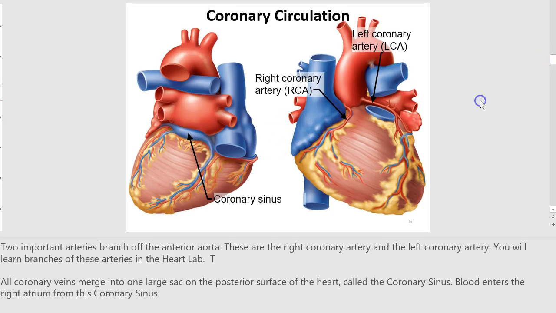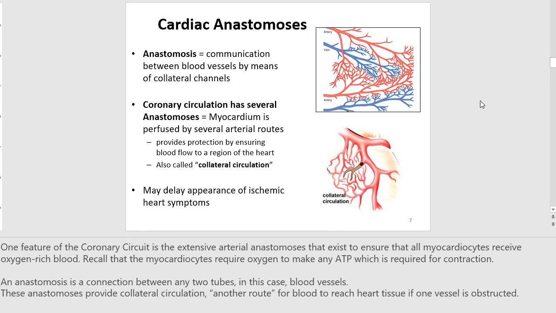So that's coronary circulation. It's not that different than systemic. What is different is the number of capillary beds and arterioles that supply one region of the heart. These connections between blood vessels are called anastomoses. So these are arterial anastomoses that are shown here.